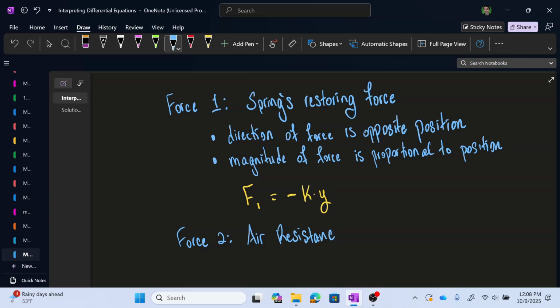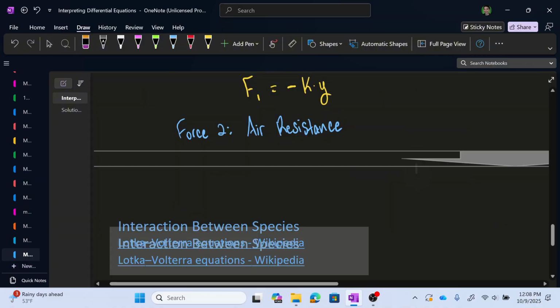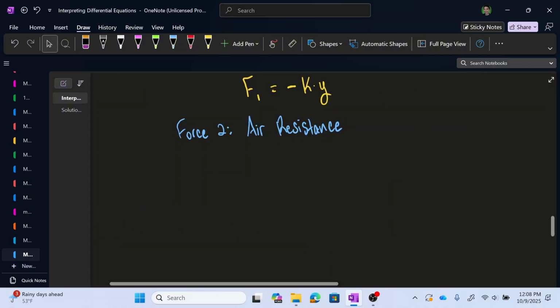If your object is nice and aerodynamic, maybe the air resistance won't be such a big deal. But in the physics lab, for example, we attach a cardboard sheet to the spring. The cardboard sheet is so flat and encounters so much air as it moves that you really do have to consider air resistance in a case like this.